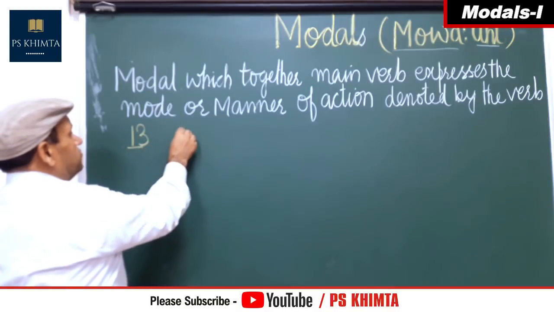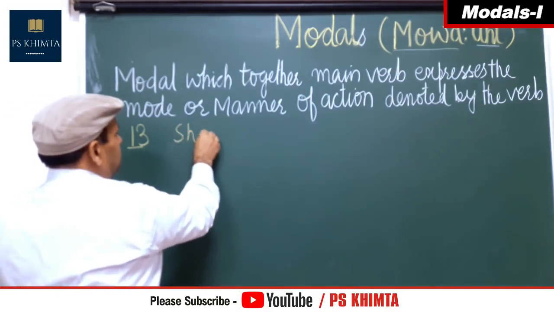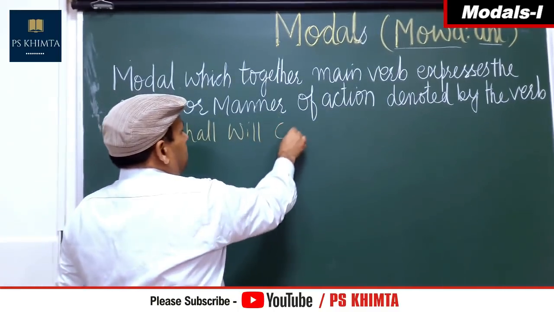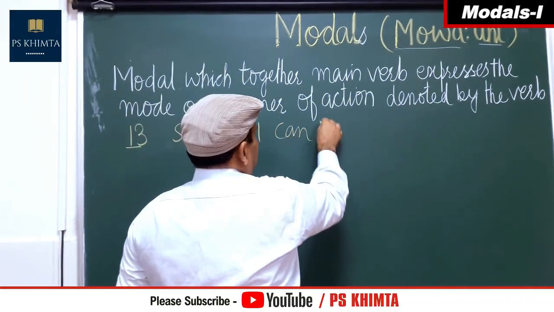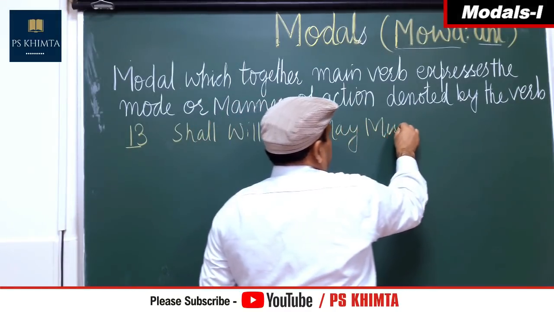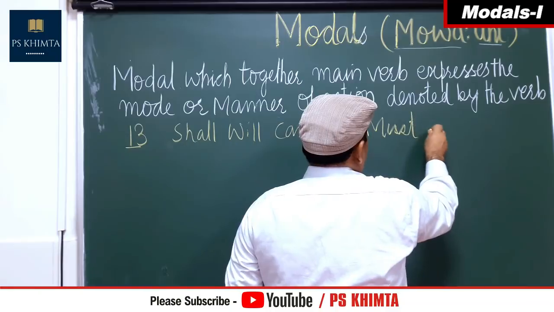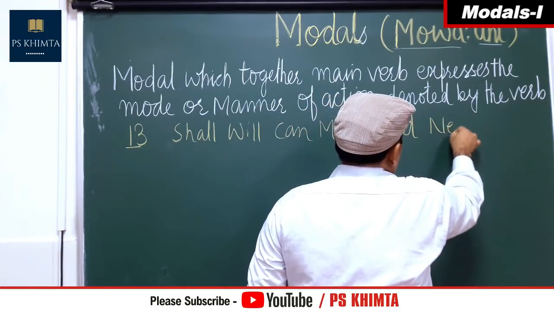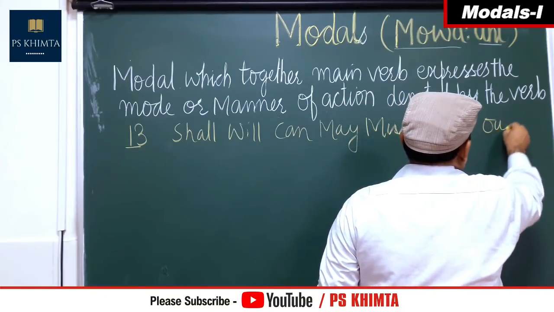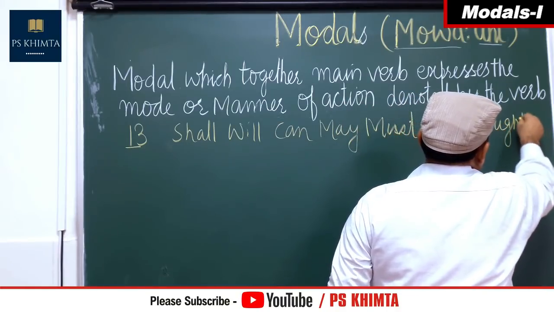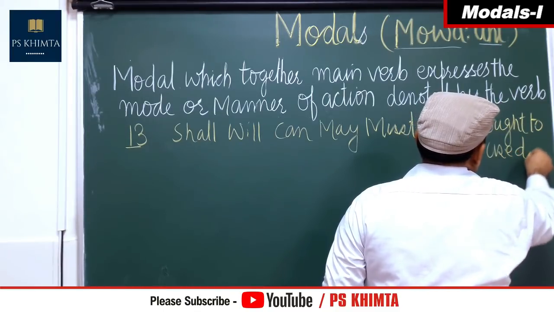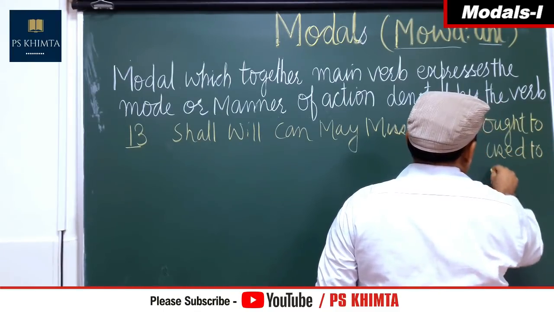How many? 13 modals. The first modal is shall. Second is will. Third is can. Then may. Must. Then need. We have ought to, we have used to, and we have dare.